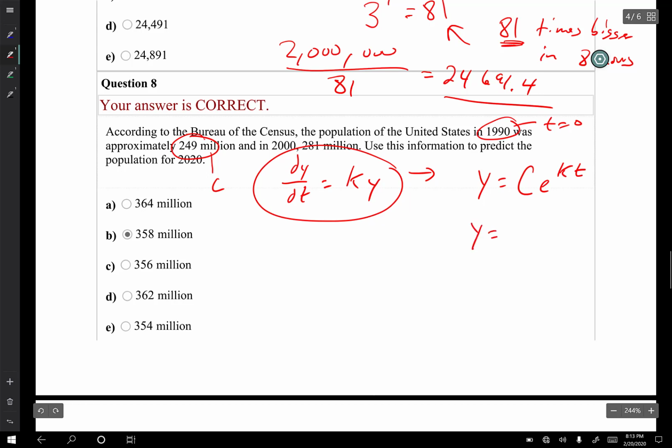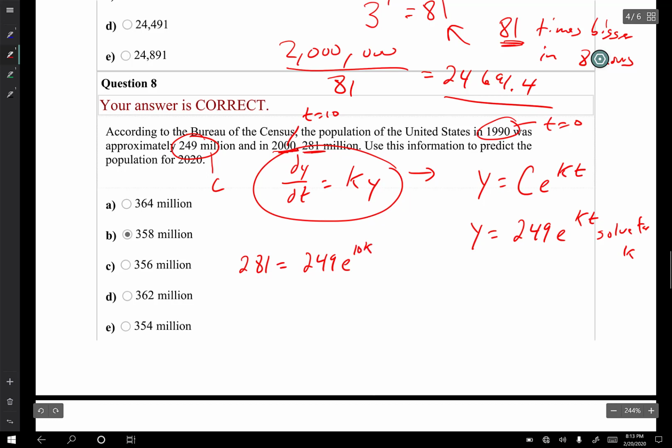So here's my equation, 249 e to the kt. I'm going to solve for k first. I'm going to use 281 at 2000, so that is t equals 10. I'm going to rewrite 281 equals 249 e to the 10k.